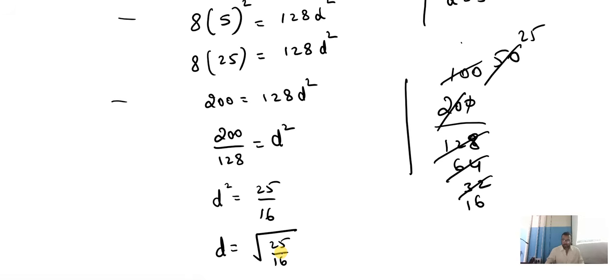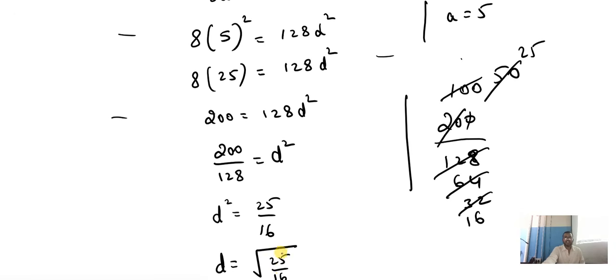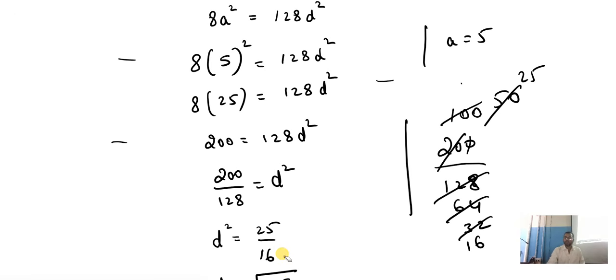Children, what is the value of A? 8. The value of A is 8, right? You should tell me. We have taken 5, but we have to write 8 here, the value of A, not 5.